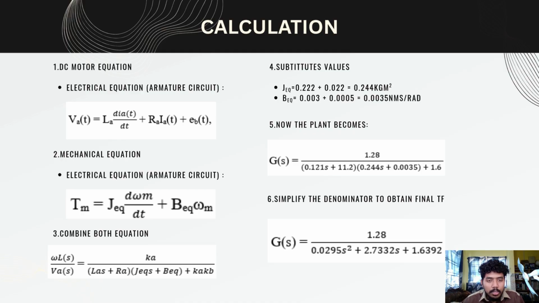Once we substitute, we now have the plant, where G(s) is equal to 1.28 over (0.121s plus 11.2) times (0.244s plus 0.0035) plus 1.6. Once we have the plant, we simplify the denominator to get 1.28 over 0.0295 s square plus 2.0332s plus 1.6392.